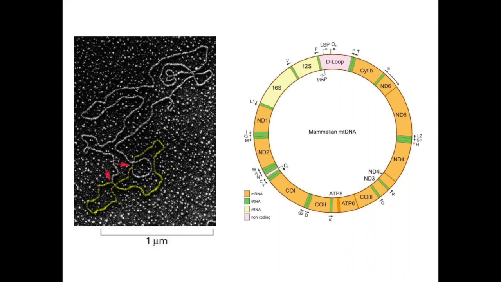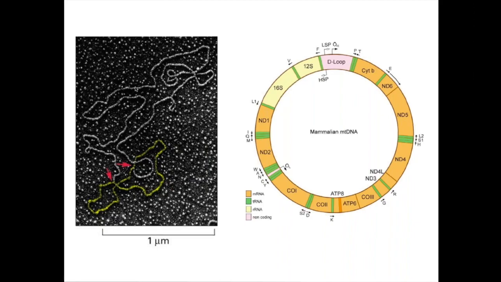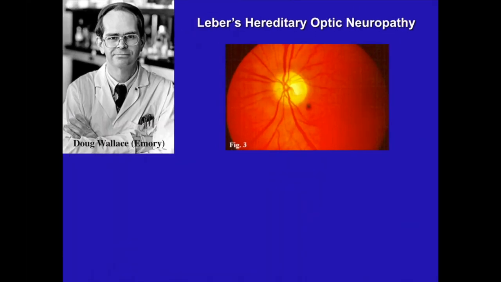But no one thought that it might be related to genetic disorders until this guy. And this is Doug Wallace, who is a clinical physician at Emory University in Atlanta. Dr. Wallace's specialty was treating genetic disorders.